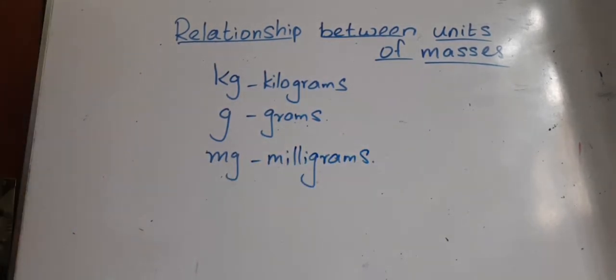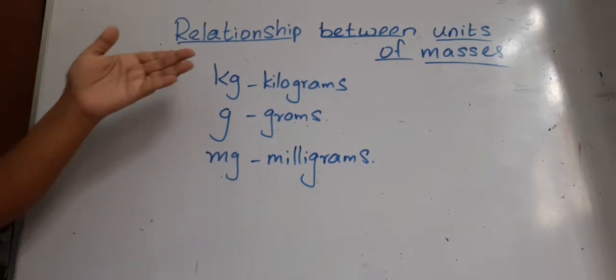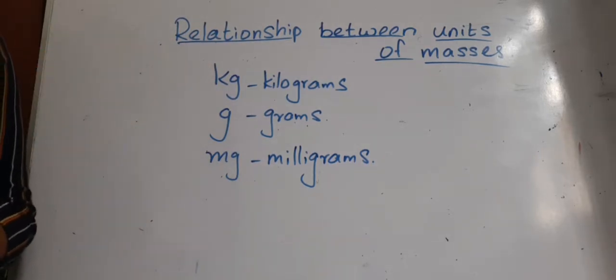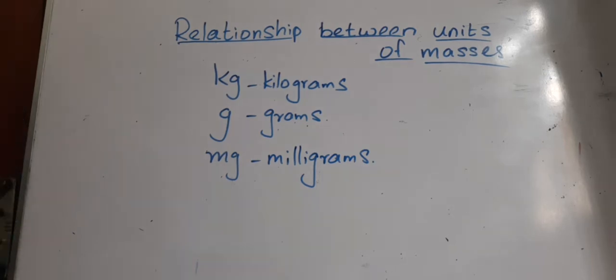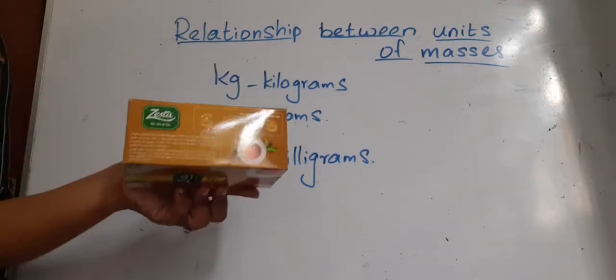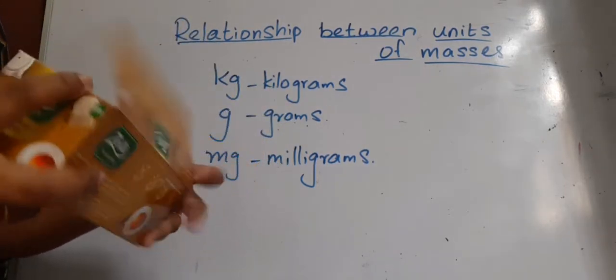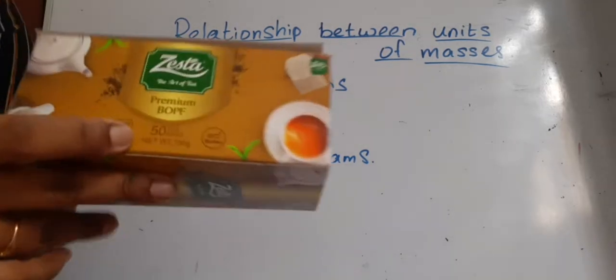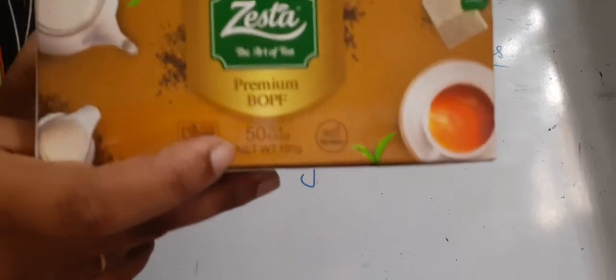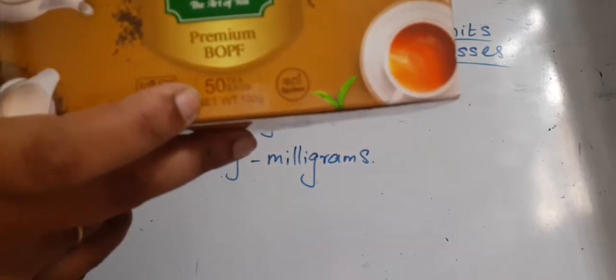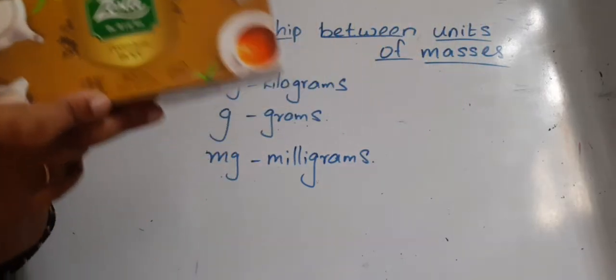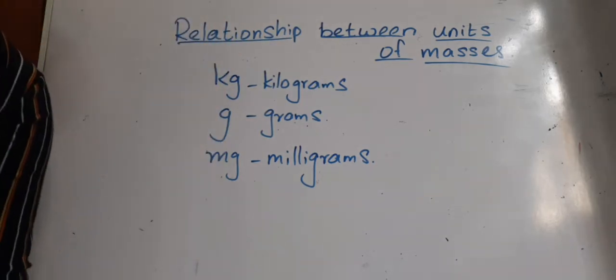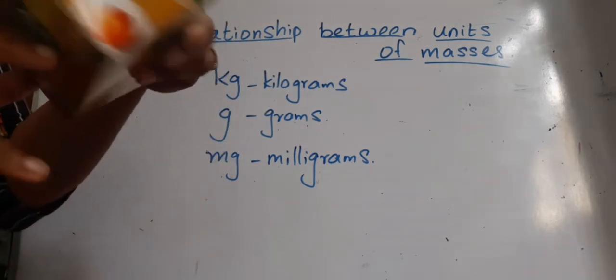I would like you to search your house to find labels indicating these three units. To show you an example, here I have a tea box containing tea leaves packets. Here, as you can see, they mention the weight of the tea leaves bag, indicated in grams.